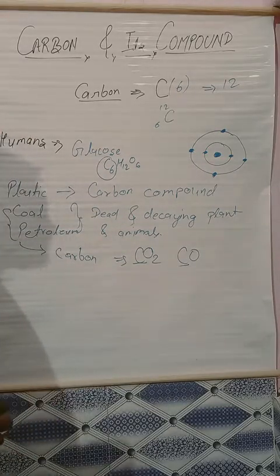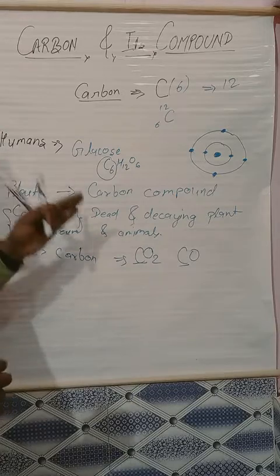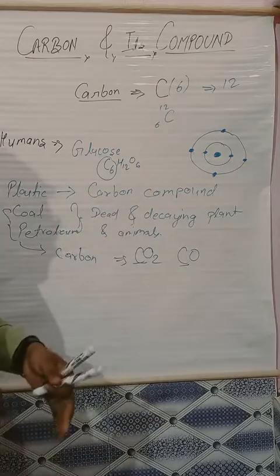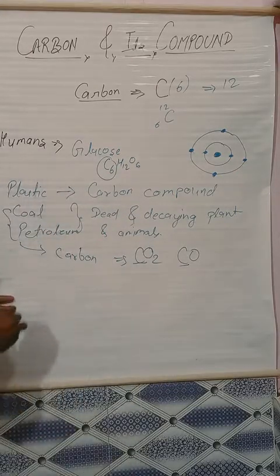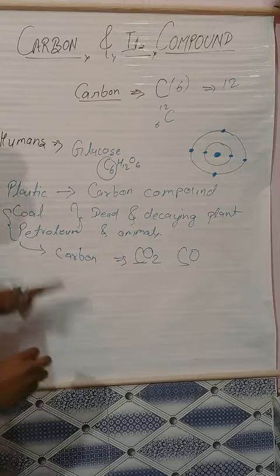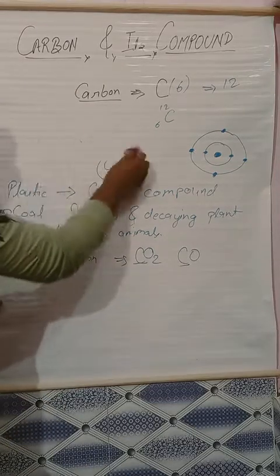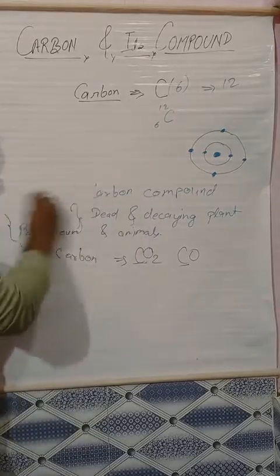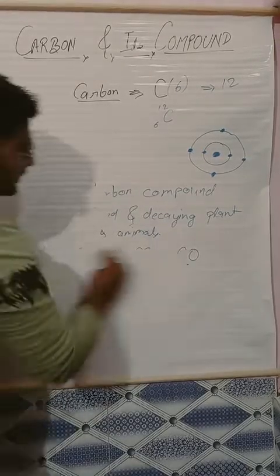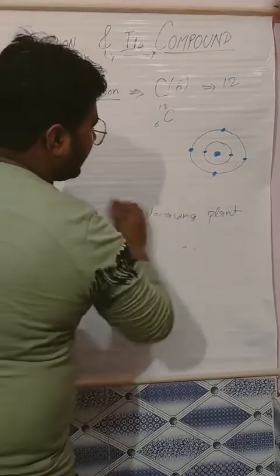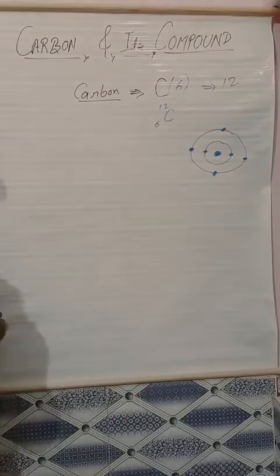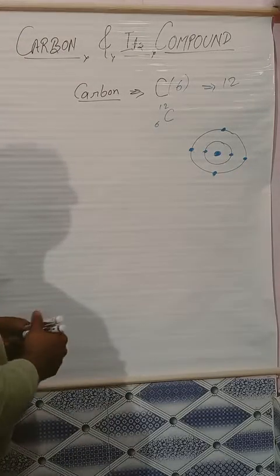After that, we have to understand why this carbon is mostly used, not less. Why it is mostly used in comparison to all other materials. So I'm going to erase that, then after I will include one or two topics also. So basically, first of all, the carbon is tetravalent.